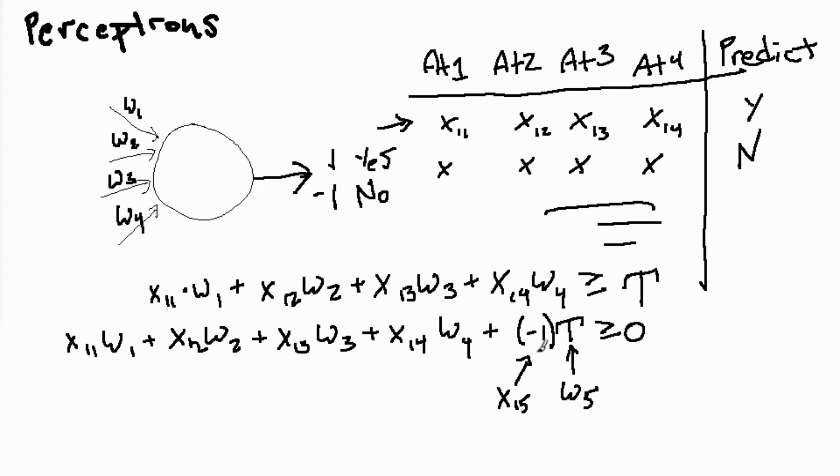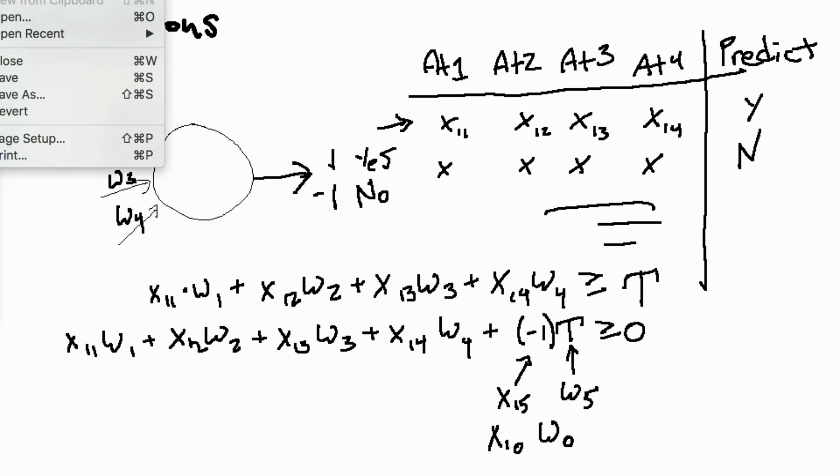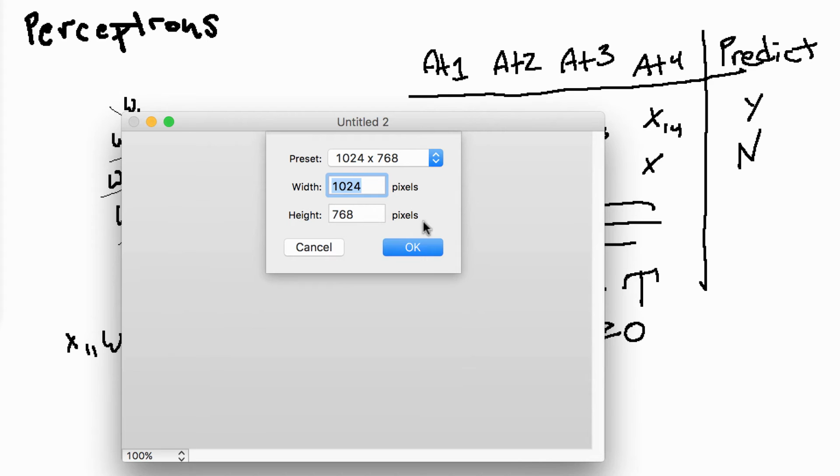Actually, what we like to do is, instead of doing it up here, we like to stick it at this end, and we would call this x10, and we would call this w sub 0. Okay? But then, what that has done for us now, let's come over here, and I need some more space.